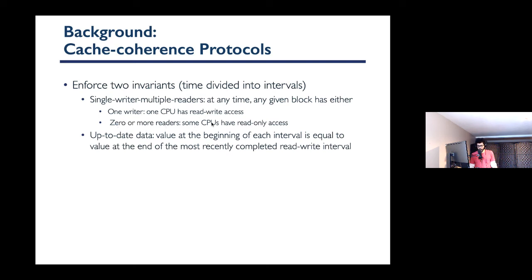So zero or more CPUs have read-only access. At any given time, you should be in either of these two situations. You cannot be in both, and you cannot be in any other situation. So this is the first thing you have to do.